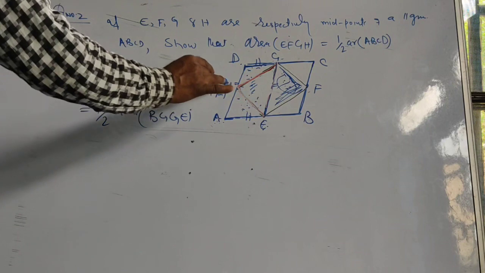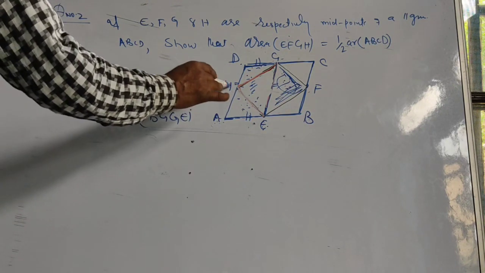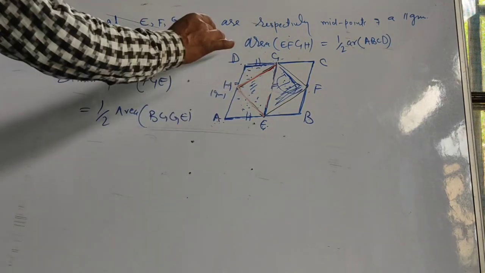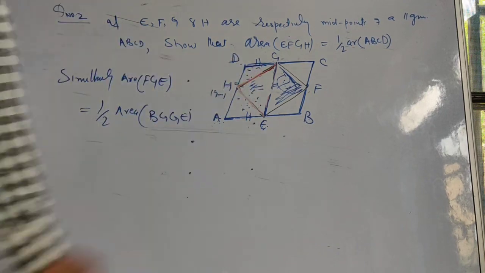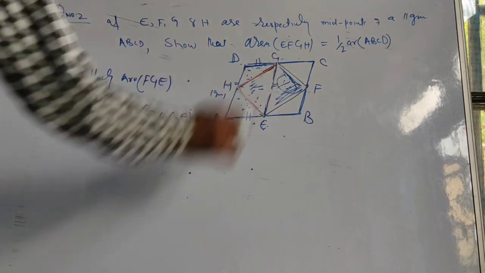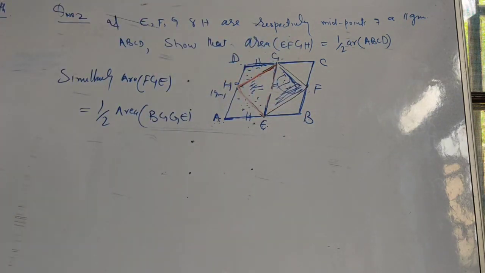The area HEG is 1/2 area AEGD in the first case, and in the second case area EFG is 1/2 of area EBCG.